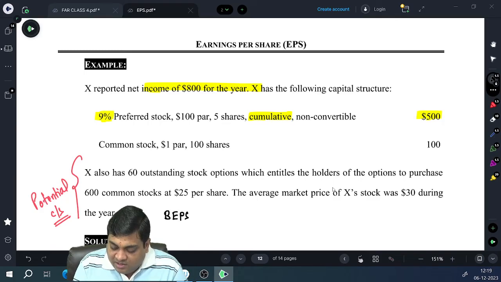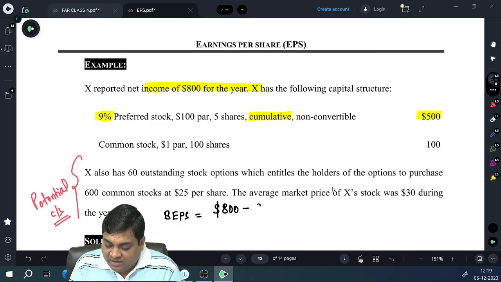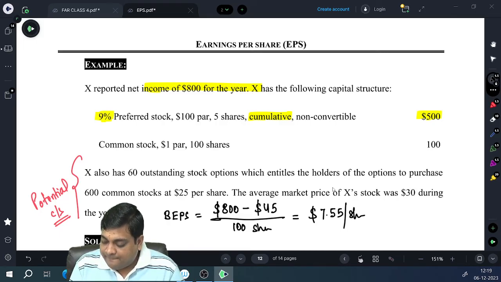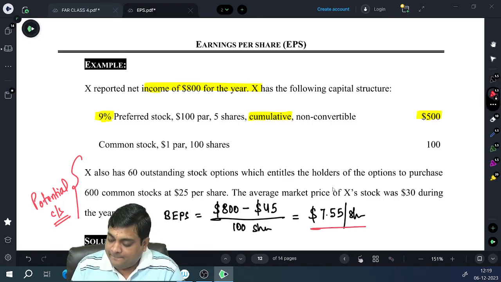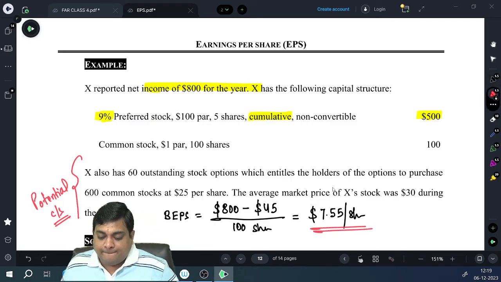So basic earning per share is equal to 800 minus preferred dividend 45, divided by 100 shares, that comes to 7.55 per share. Is it okay?